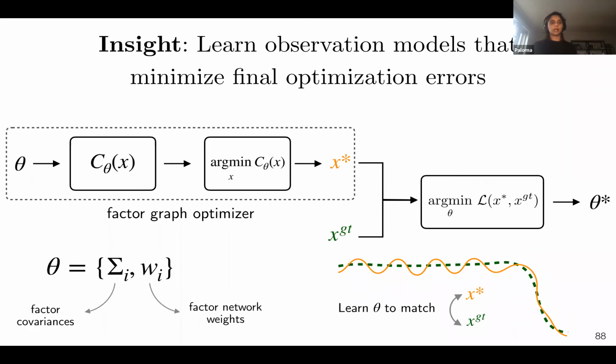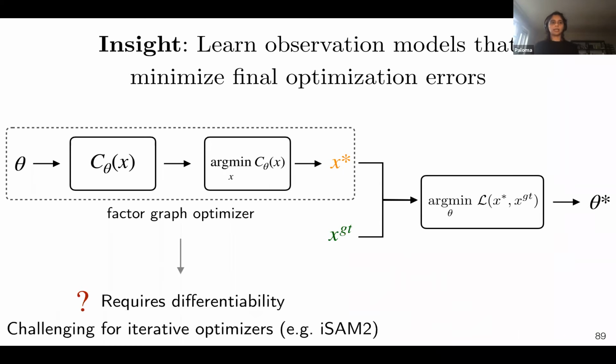And to do this, we'll use a loss function that measures mismatch between the ground truth and the optimized trajectory. And this is challenging to do directly because the naive graph optimizer that we use is not differentiable by nature. Hence, we cannot simply backpropagate through the optimizer so as to update theta.